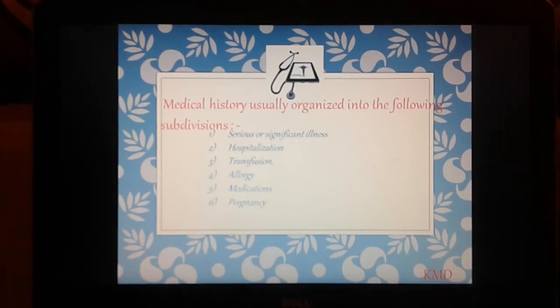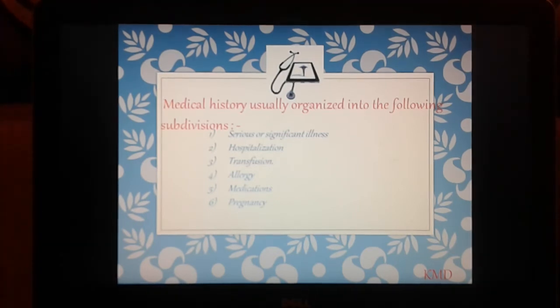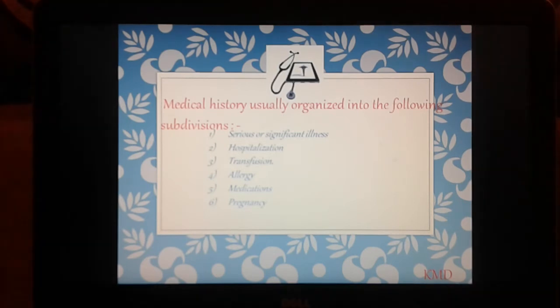Finally, pregnancy. Knowing whether or not a woman of childbearing age is pregnant is particularly important when deciding to administer or prescribe any medications and procedure involving exposure of the pregnant patient to ionizing radiations.